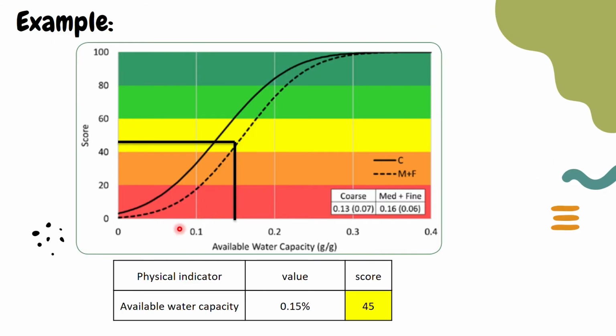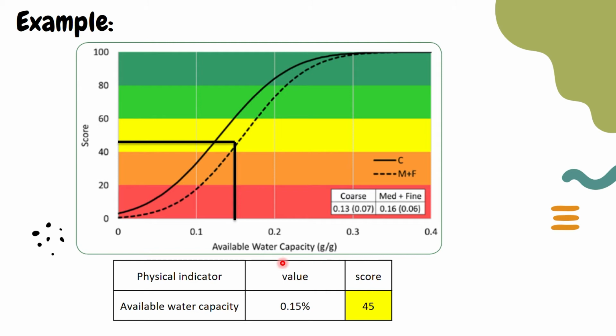To understand more how we get the score, we choose one example of a physical indicator, which is the available water capacity, and we have here a relation between the score and available water capacity. On the y-axis we have the score, and on the x-axis we have available water capacity.